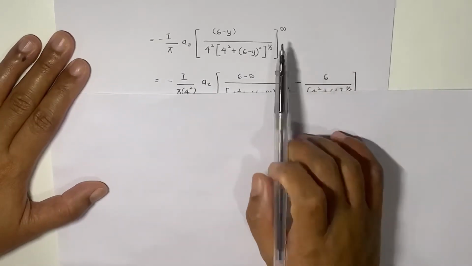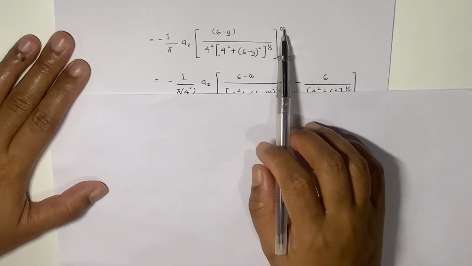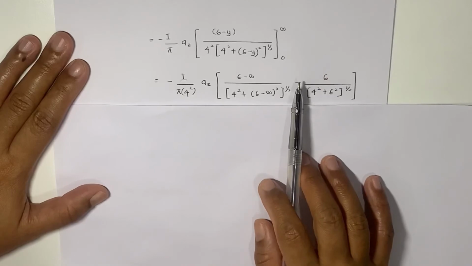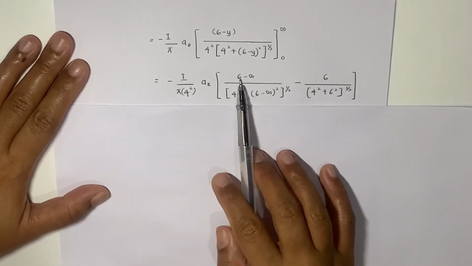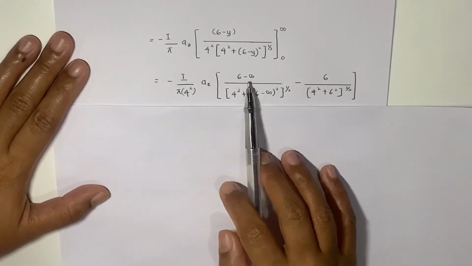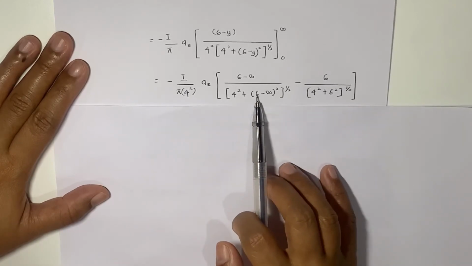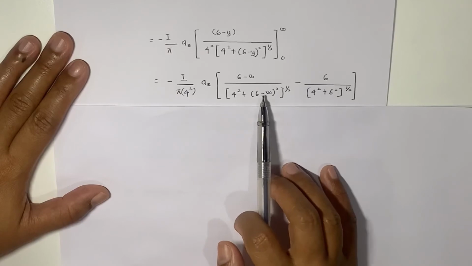Substitute 0 and infinity into y. Here 6 minus infinity gives negative infinity, and the same with the denominator, negative infinity.